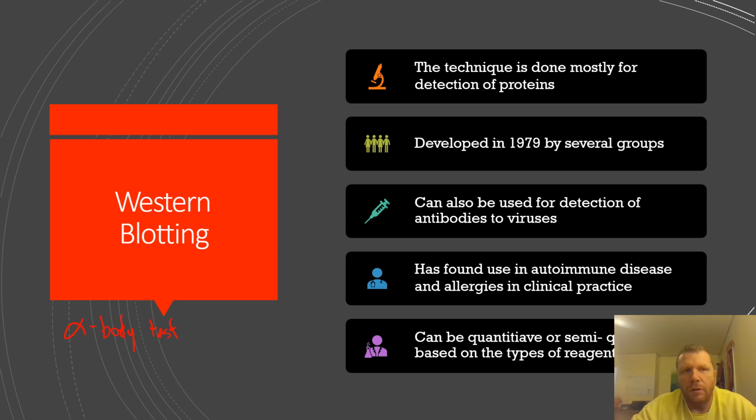That's going to be looking for the presence of the active virus, whereas this Western blotting technique would be looking at whether somebody has had the virus, because they have antibodies that have already been developed against it.